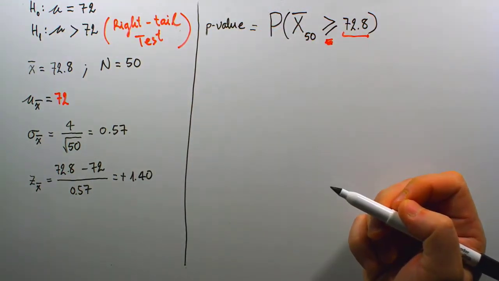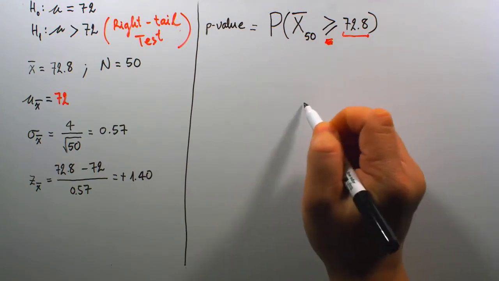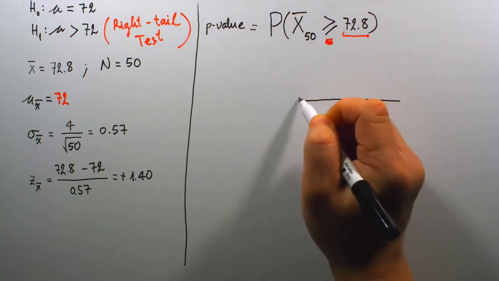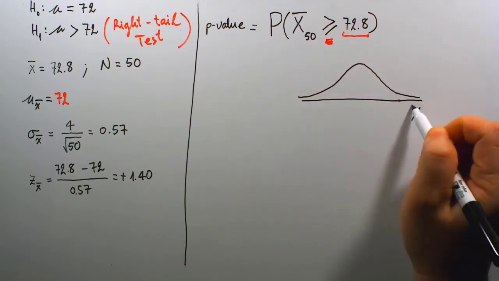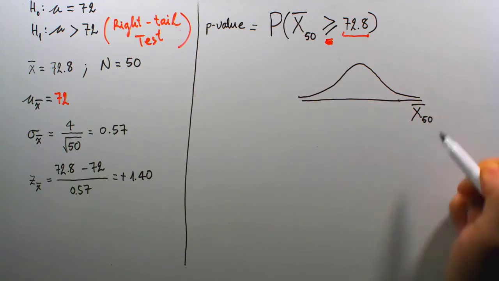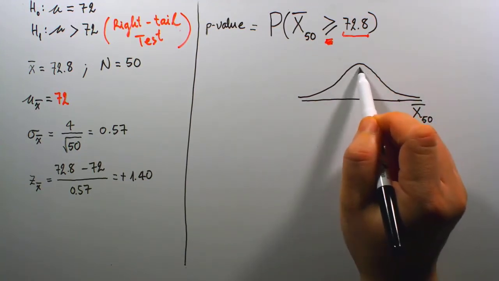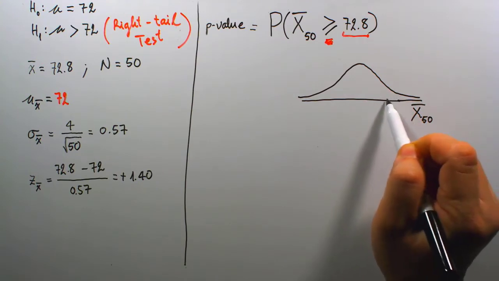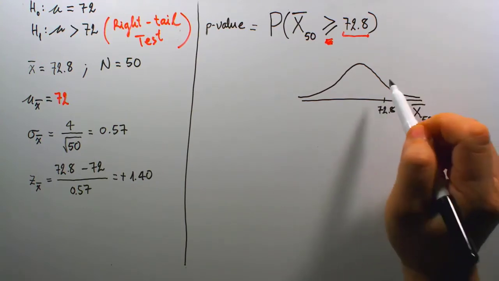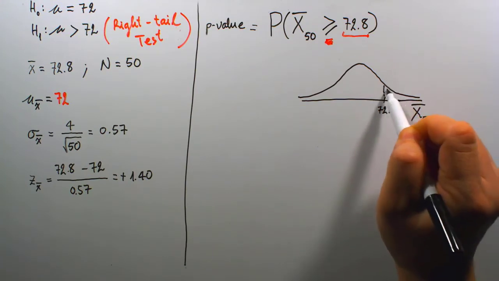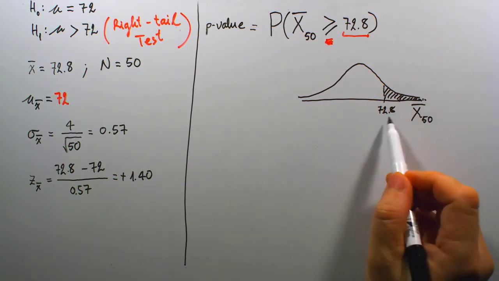And so now imagine that on a normal distribution of all sample means at size 50 in each sample, 72.8 is somewhere on this bell curve, and this problem is graphically represented as an area shaded to the right hand side of 72.8 on our bell curve.